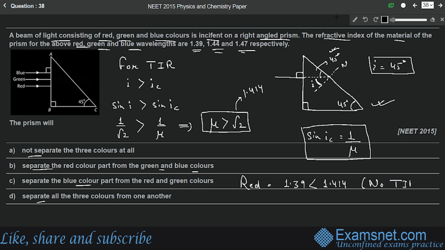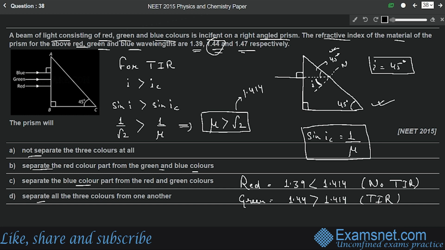Then for the green color, the refractive index is given as 1.44. Now this 1.44 is greater than 1.414, greater than root 2. So in this case, total internal reflection will take place. That means green color will not emerge out of the prism.